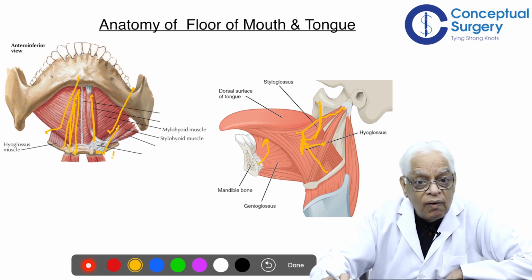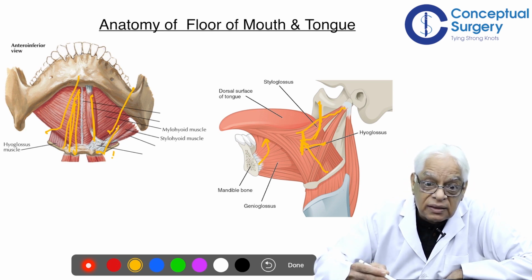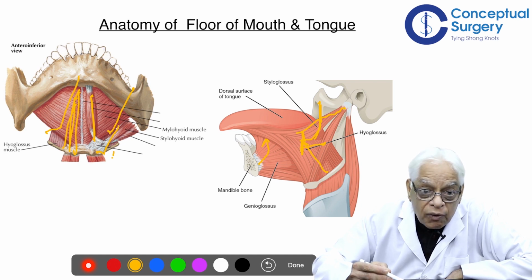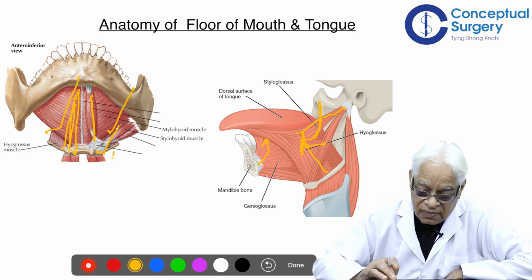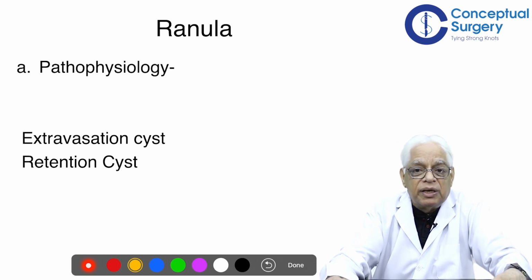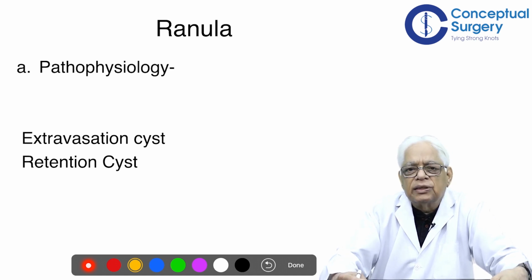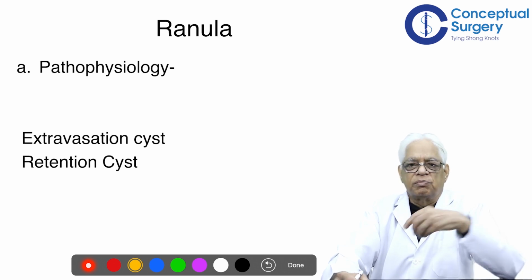So, one has to be clear that tongue is above the floor of the mouth. Having revised the anatomy of floor of the mouth and the muscles of the tongue, comes the question of what are the conditions that are seen in the floor of the mouth.